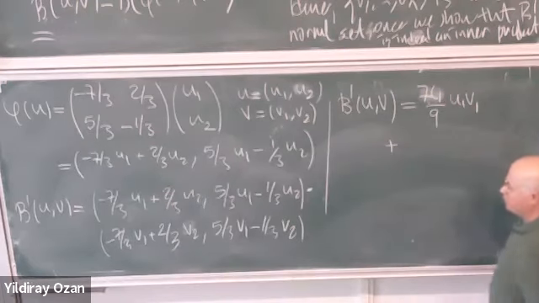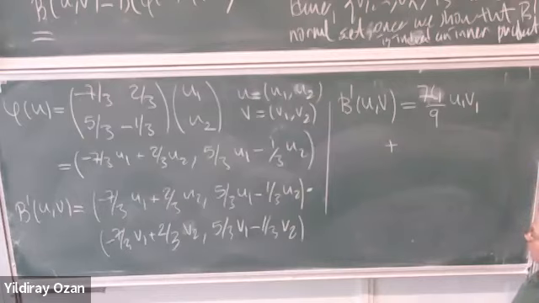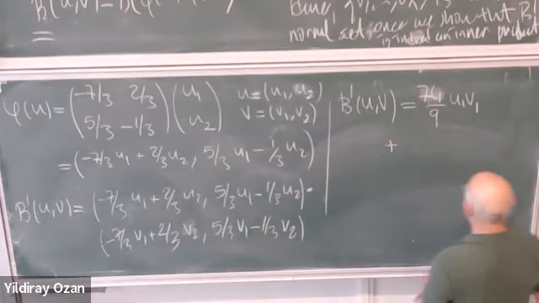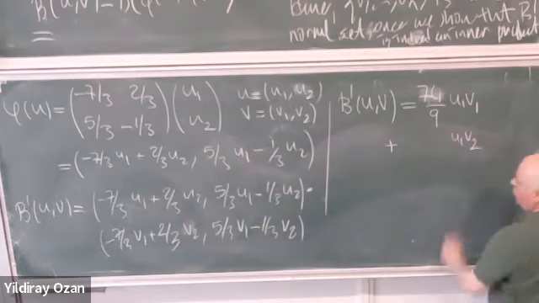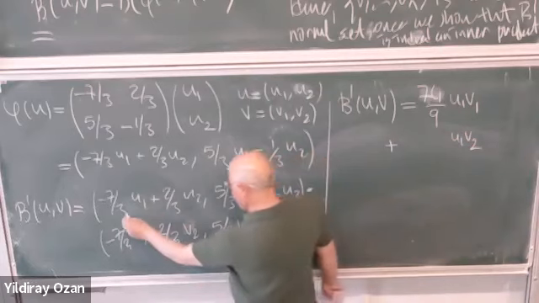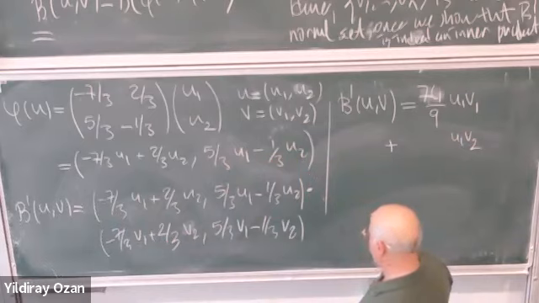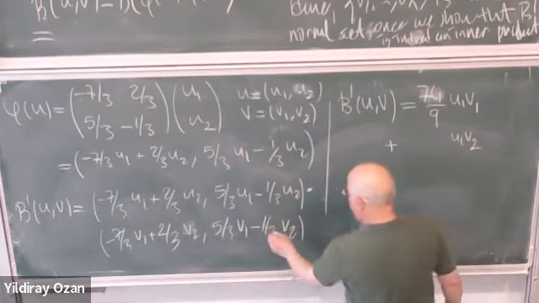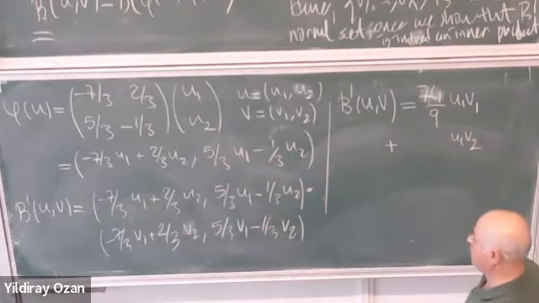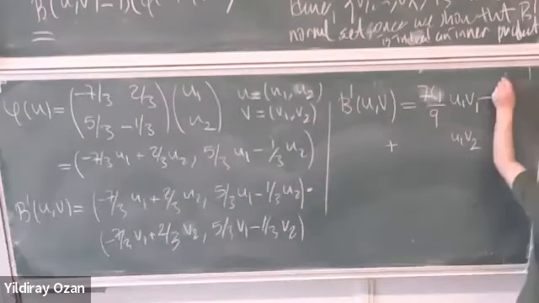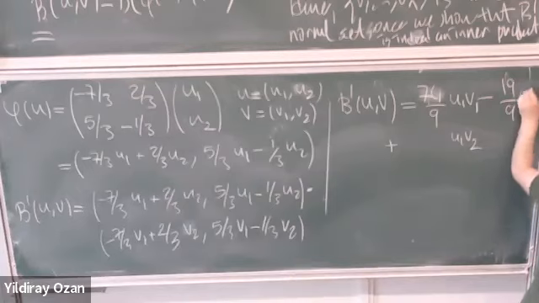Artı U1 V2 terimleri var. Onlardan ne kadar var? Eksi 14, eksi 5 değil mi? Eksi 14 eksi 5 yani eksi 19 tane. Eksi 19 bölü 9 U1 V2.